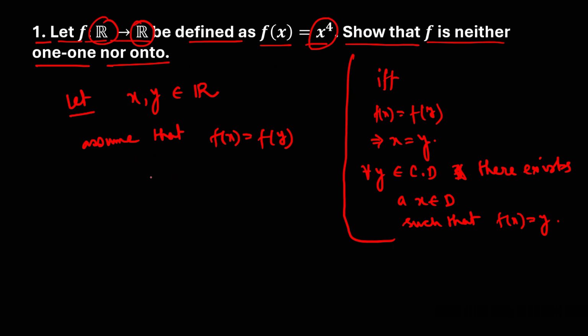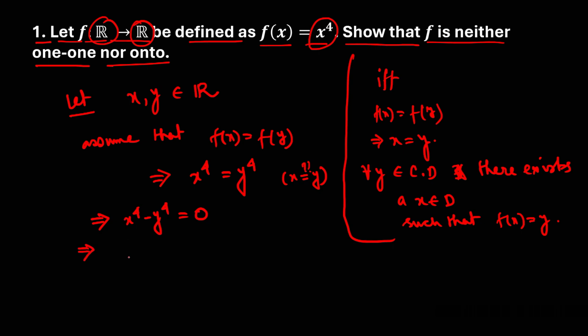So what does that imply? This implies that x to the power 4 equal to y to the power 4, and we will check whether x equal to y or not. So take y to the power 4 to the left hand side: x to the power 4 minus y to the power 4 equal to 0.